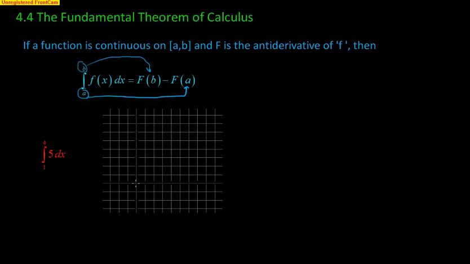So knowing that this is the origin right here, and we have the integral from 1 to 4 of just 5 dx. Now we know that 5, 1, 2, 3, 4, 5, is just a horizontal line. And we are bounding this from 1 to 4.